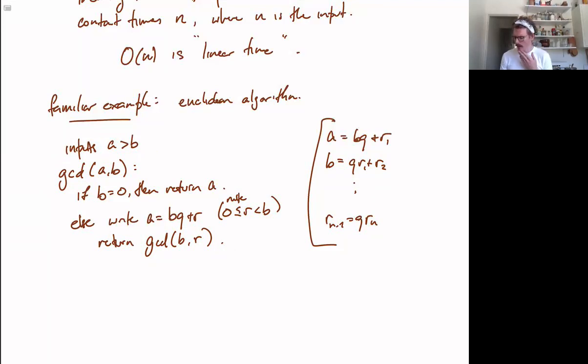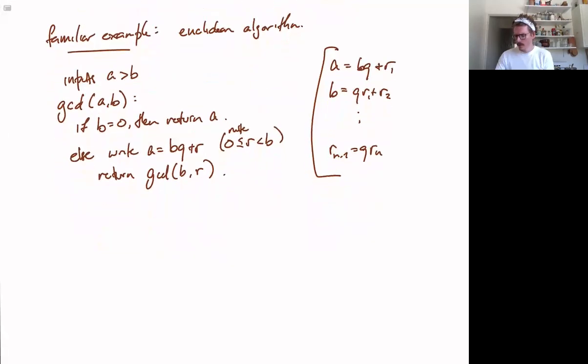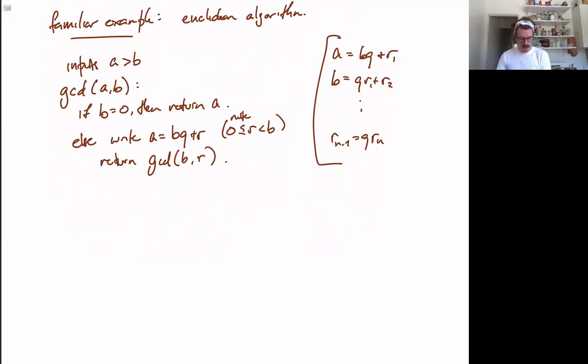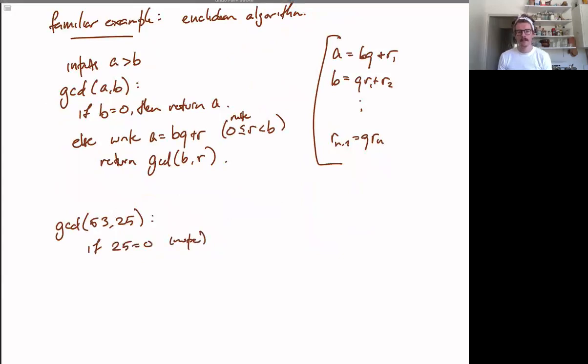So let's go ahead and do another run through of this, just to see how it compares to what we're used to using the Euclidean algorithm. So let's find the GCD of 53 and 25. Does 25 equal 0? It does not. So we skip this step.